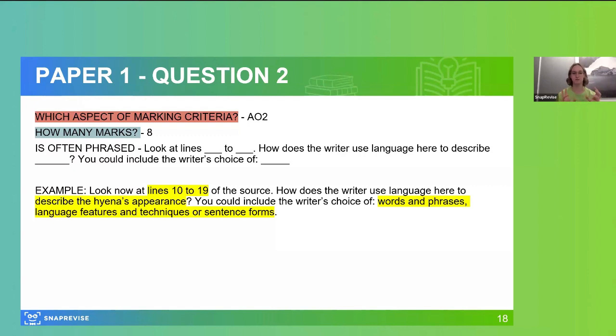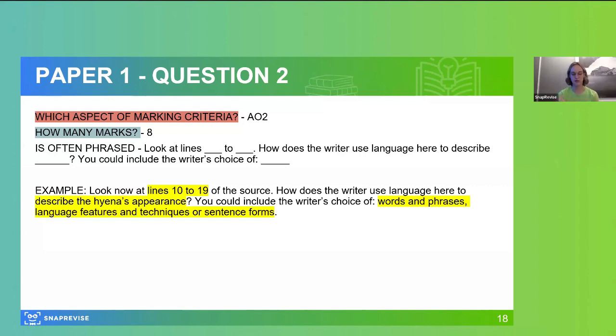So again, the really important parts that I've picked out from this question are that it's from lines 10 to 19, and you're asked to talk about how the writer uses language to describe the hyena's appearance. That's very important. And then in the 'you could include' portion of the question, it talks about words and phrases, language features and techniques, or sentence forms.